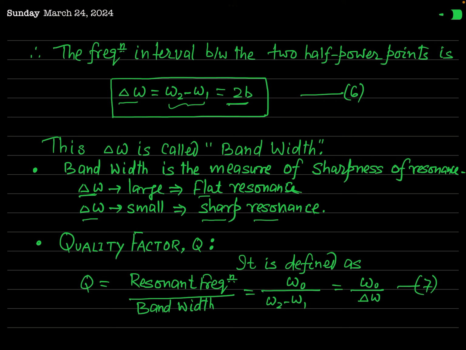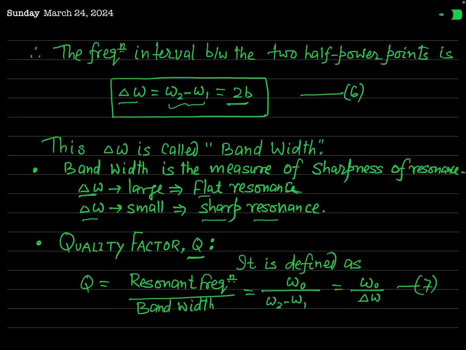Now another very important quantity in terms of which we also discuss the sharpness of resonance is called the quality factor, conventionally denoted by the symbol Q. Actually, you have learned about this quality factor earlier.